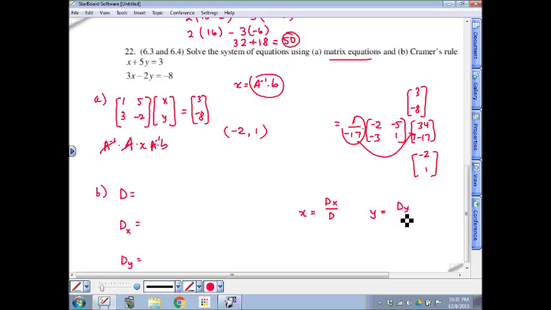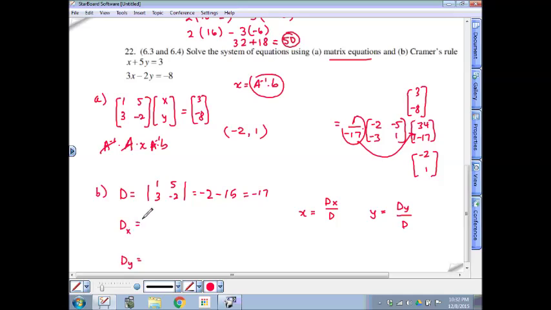The y value is d sub y divided by d. So d is the determinant of just the coefficient matrix, 1, 3, 5, -2. Remember that you find the determinant of a 2 by 2 matrix by multiplying first here, -2, and then subtracting the other product, 15. That results in -17.